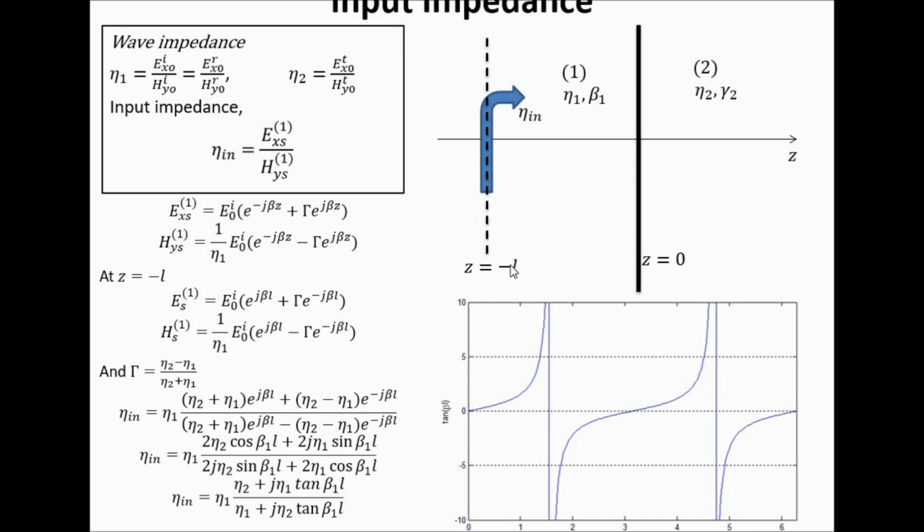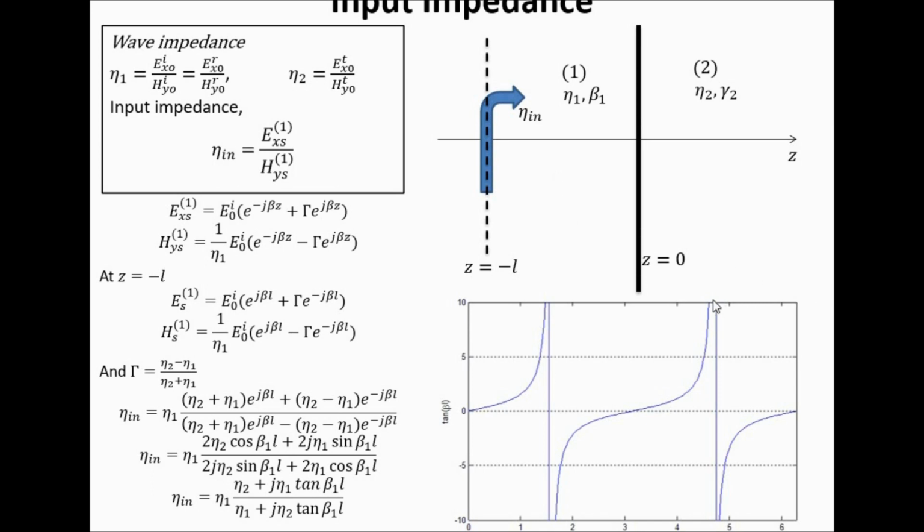So that means if you measure input impedance at this point, it will be completely different if you measure the input impedance at some point here. So if you measure input impedance at different positions, you will get different values.